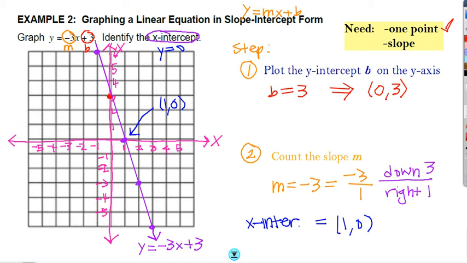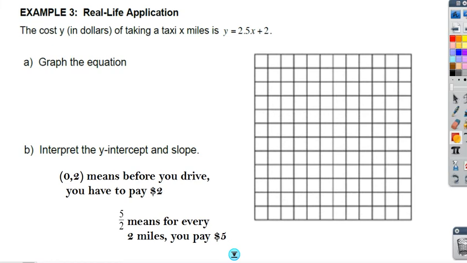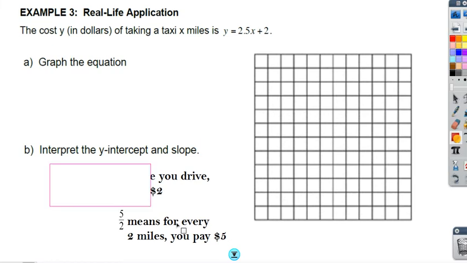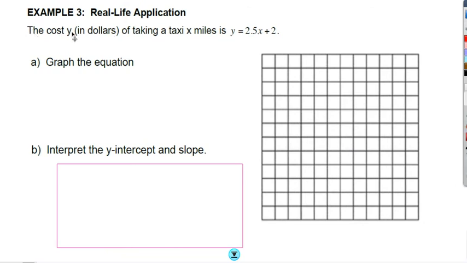Alright, so the last example is a real-life application. Okay, so I'm actually going to cover this part up right here. Okay, so let's say the cost y in dollars of taking a taxi x miles is y equals 2.5x plus 2.